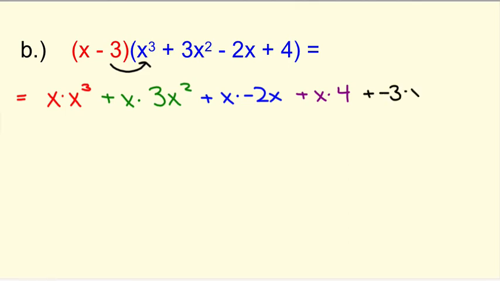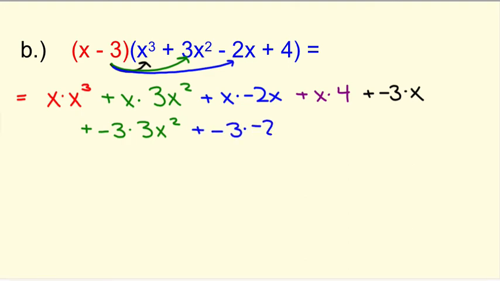And then negative 3 times 3x squared. Then negative 3 times negative 2x. And then negative 3 times 4.